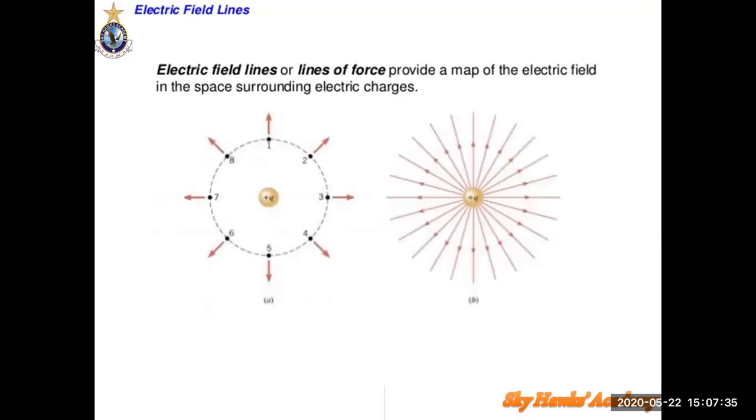Electric field lines, or lines of force, provide a map of the electric field in the space surrounding electric charges. Now we can see there are two diagrams, and these are self-explanatory: the formation of the field lines, the position of the charge, then their direction, then the clustering near the center, and then they go away from the source charge.